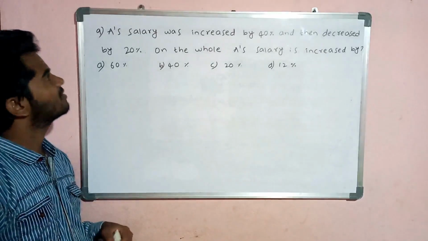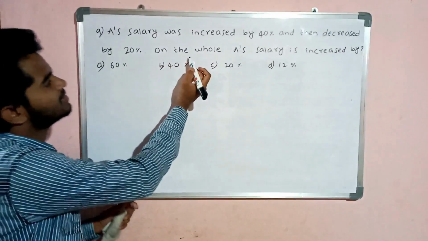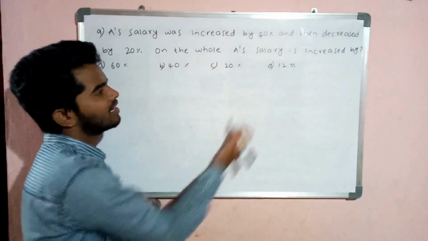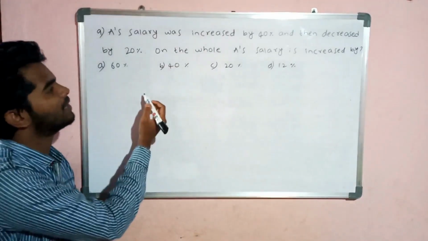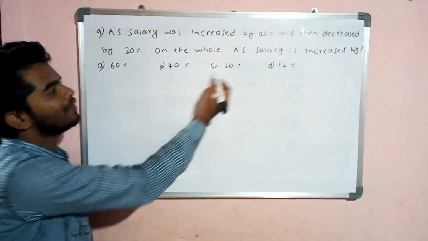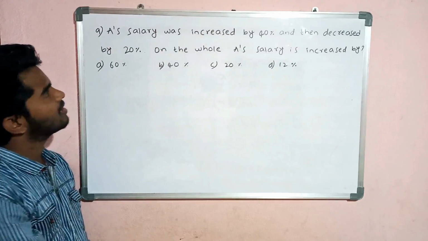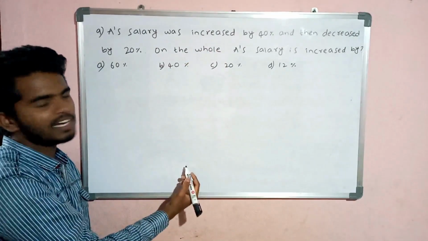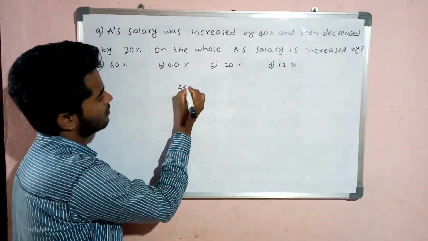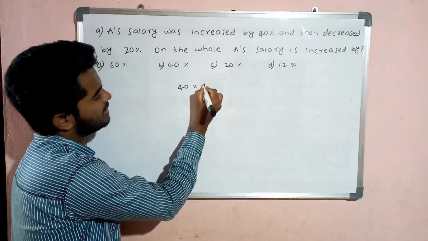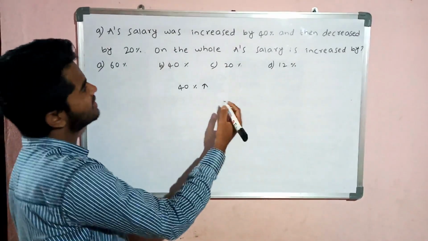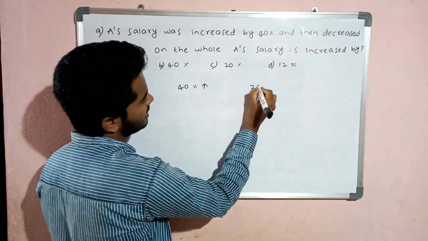Question number 9. A's salary was increased by 40% and then decreased by 20%. On the whole, A's salary increased by how much? First increased by 40% and next decreased by 20%.